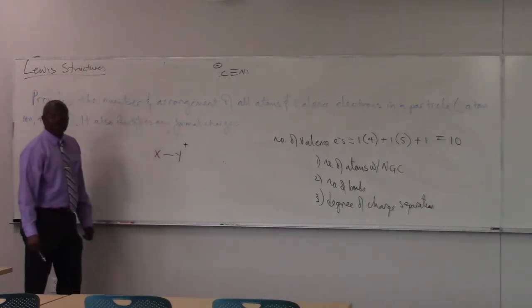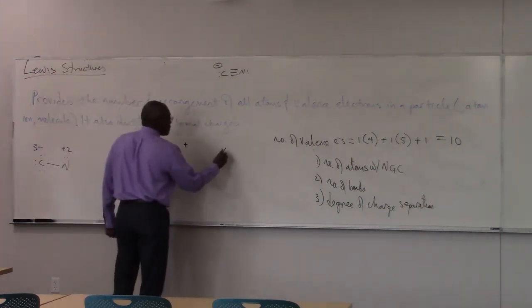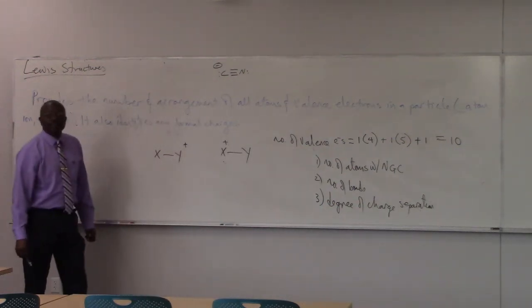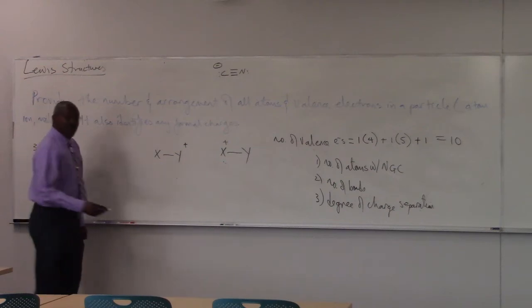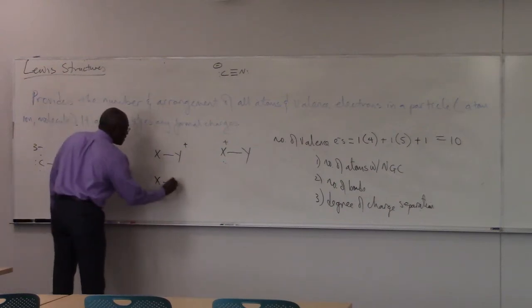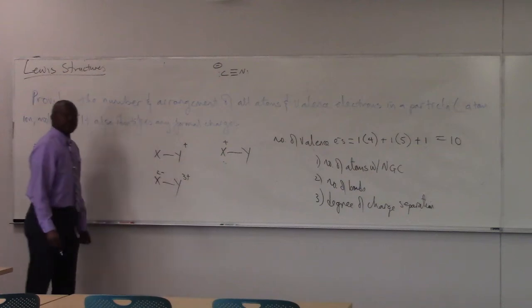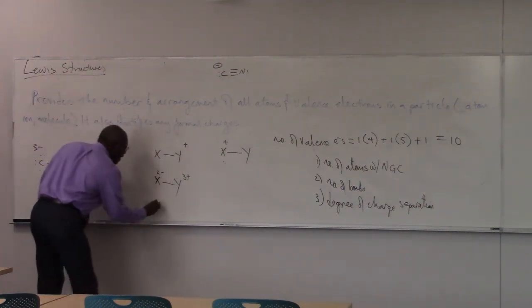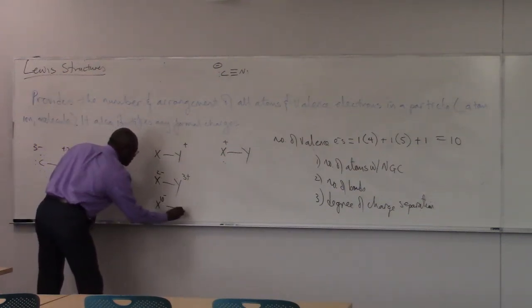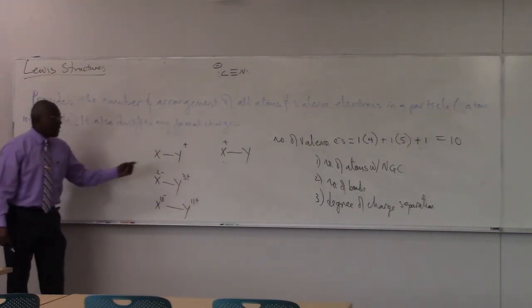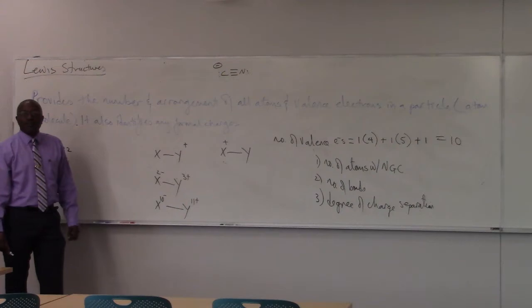Y could be plus, that's one option, or X could be plus, that's another option. Another option is Y could be 3 plus, and X could be 2 minus. X could be 10 minus, and Y could be 11 plus. Now all of these are XY plus 1.